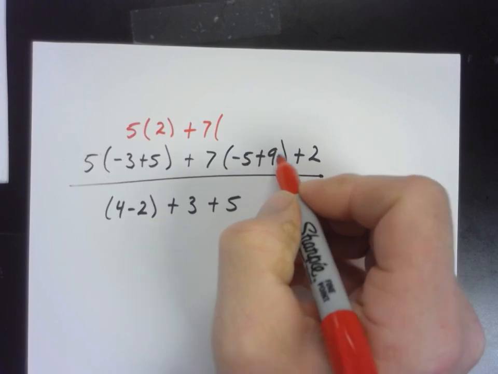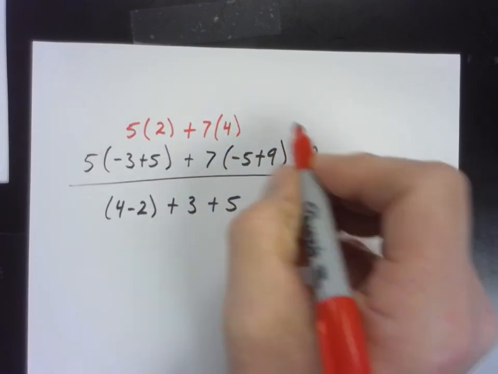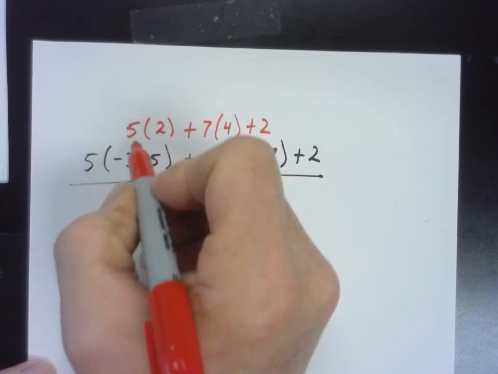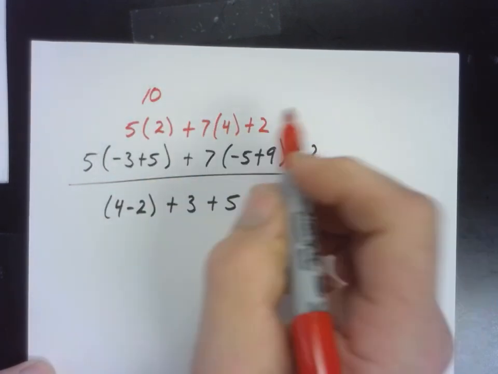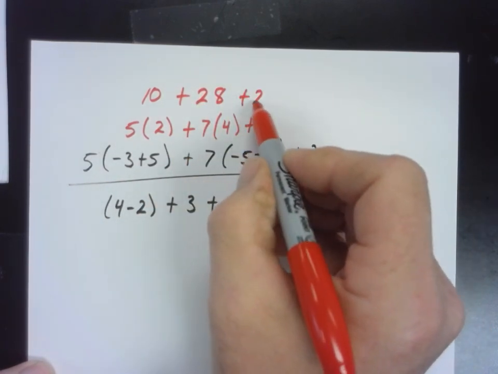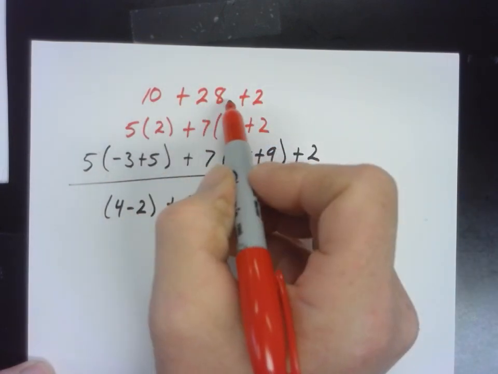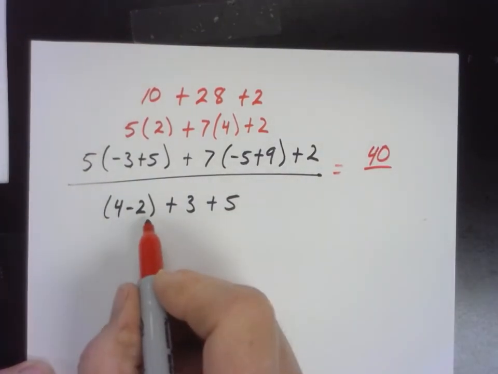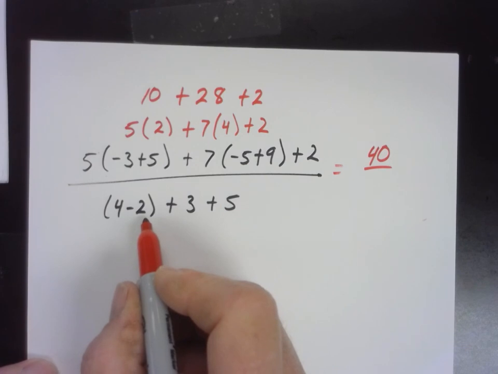Negative 5 plus 9. 4. Plus 2. Let's see, and then I'm going to keep going up. 5 times 2. 7 times 4, that's positive 28. Plus 2. And 38 plus 2. Okay, that's 40.